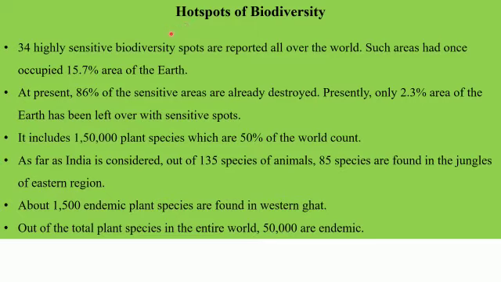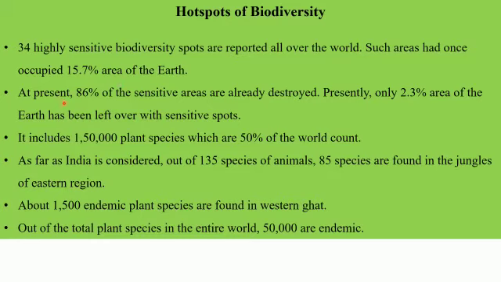34 highly sensitive biodiversity hotspots are reported all over the world. Such areas had once occupied 15.7% area of the earth. So earlier this area was very large, but now it has been restricted to just 34 highly sensitive biodiversity spots reported all over the world.